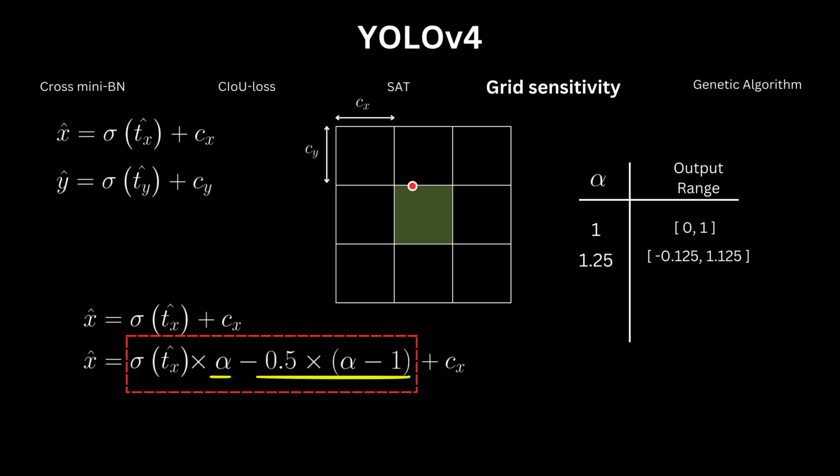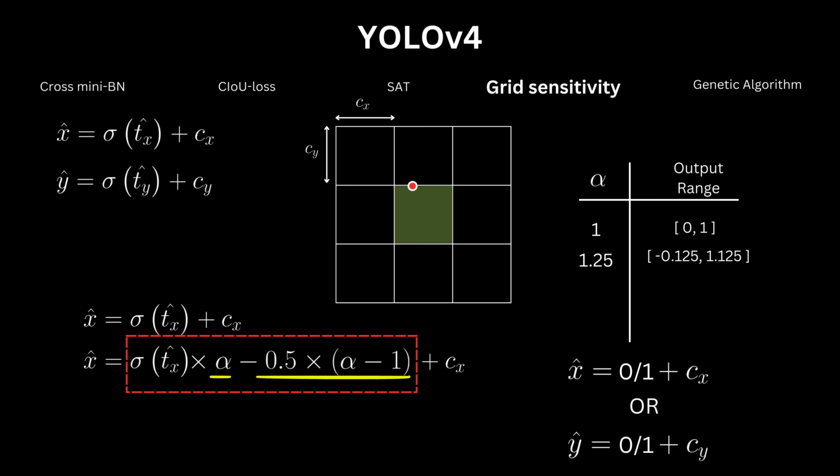But how did this solve our problem? We still have sigmoid, which won't give us 0 or 1. At least not exactly. So yes, that's true. But because we have multiplied the sigmoid output with alpha, which is greater than 1, we don't need sigmoid output to be 0 or 1. Even if it's 0.1 or 0.9, we will be able to get the coordinate value of Cx plus 0 and Cx plus 1.